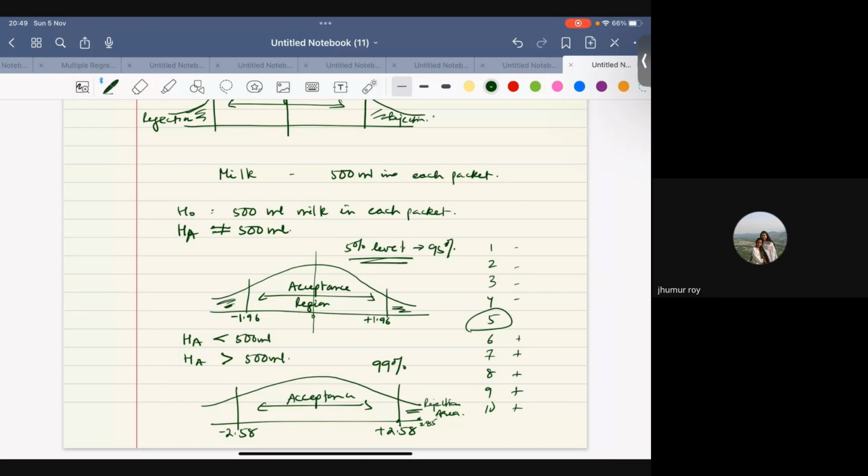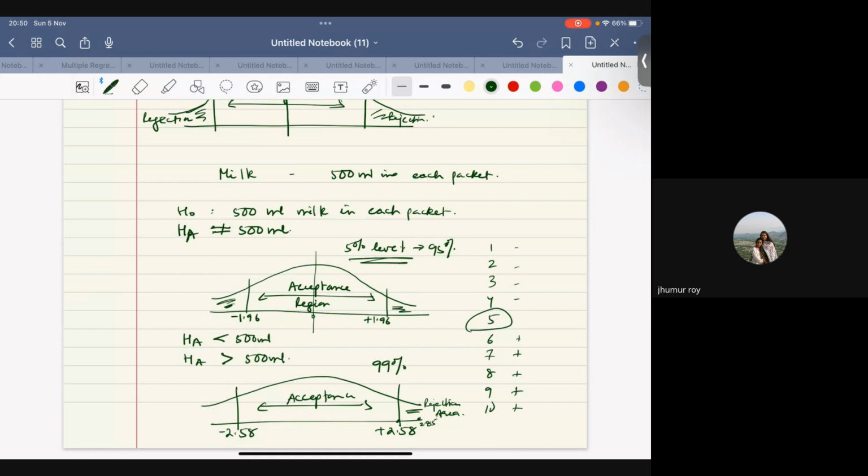Whenever we test something, we have to test it against given values. So these values at 5%, minus 1.96 to plus 1.96, and at 99%, minus 2.58 to plus 2.58, are given values. We have to calculate our value and compare it with these fixed values. That is what we are doing.